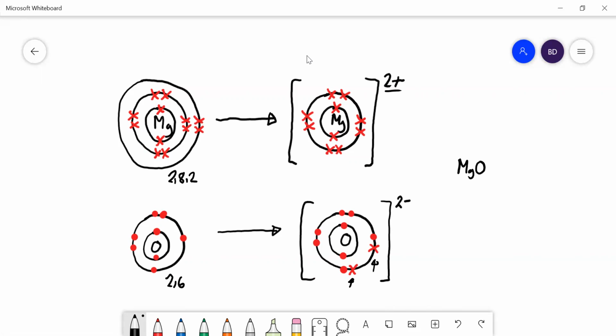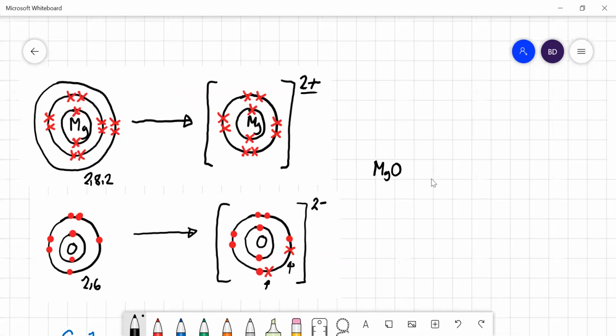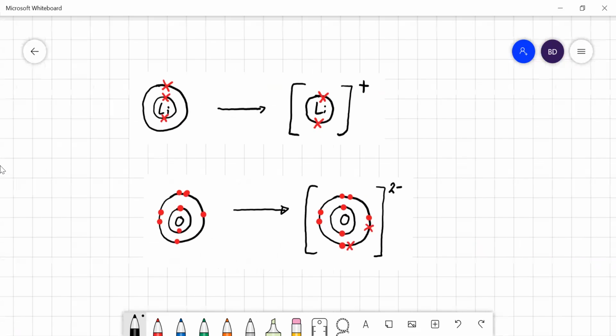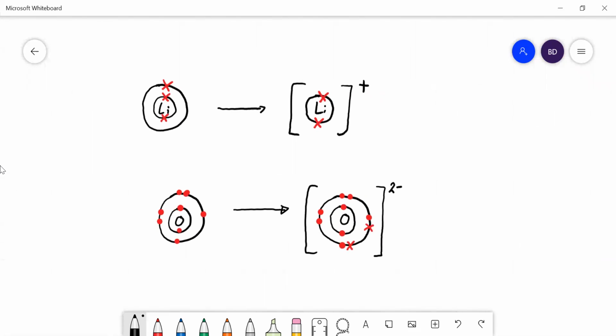Right, and then we'll look at one more: lithium oxide this time. Lithium we've looked at before. It's 2, 1, and group 1 wants to lose 1 electron to form a single plus ion. Oxygen is atomic number 8, 2, 6, which means it wants to gain 2 electrons.